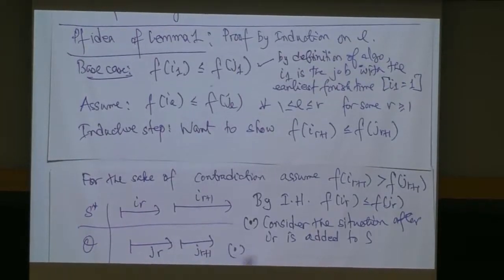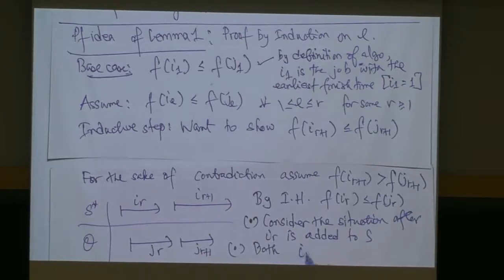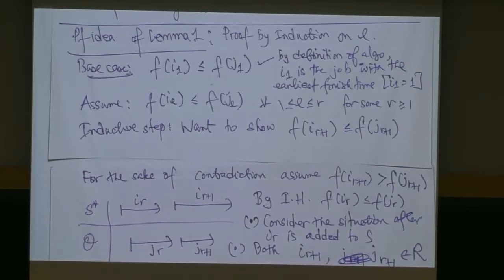So we have indeed that both i_(R+1) and j_(R+1) are in this capital set R after little i_R has been added to the set S. So this is the situation. Greedy algorithm has added i_R to set S, but it still has these two jobs, j_(R+1) and i_(R+1), in R.